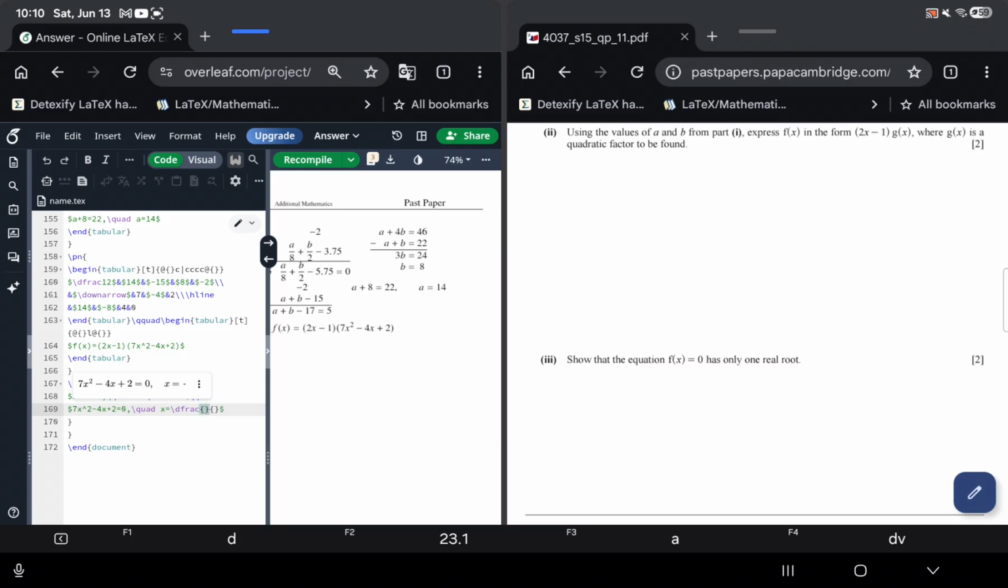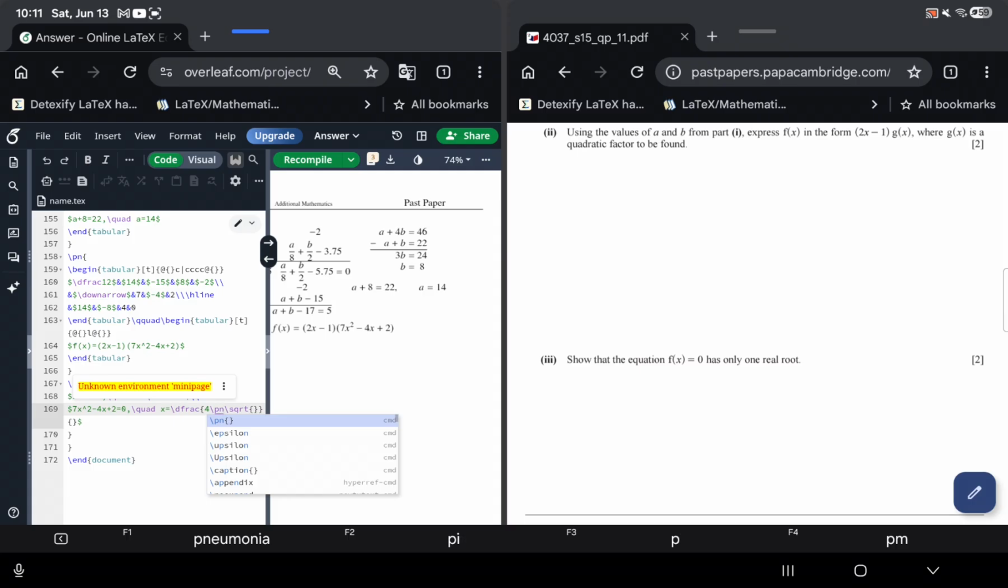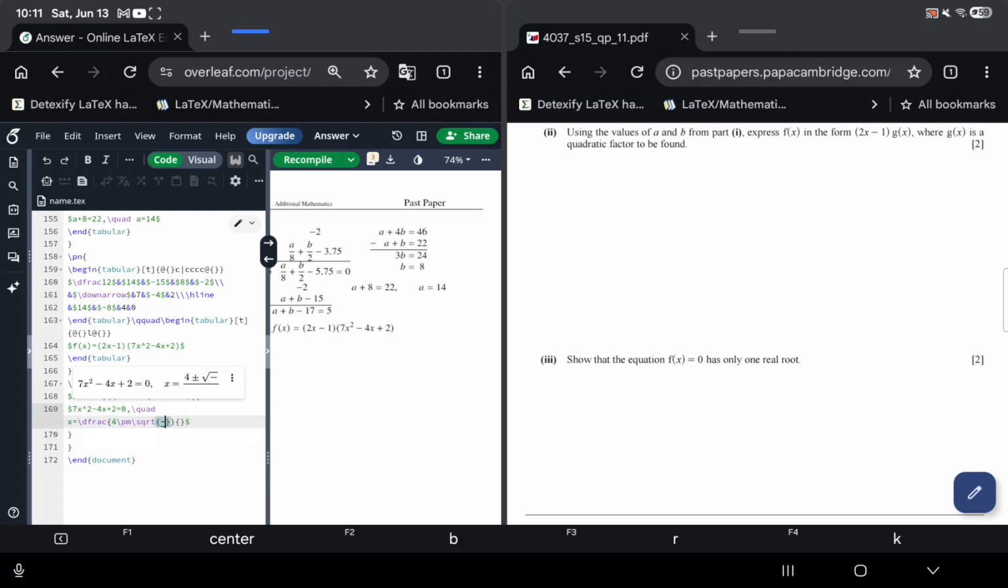This is 4 plus minus square root of what? Square root of, wait, so this is 4 squared minus 4 times 7 times 2, so this is negative 40 all over 2 times 7, this is 14.